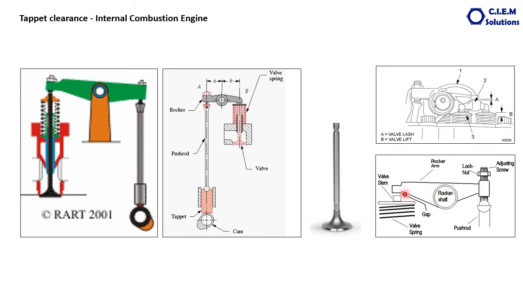This rocker arm is pressing only one valve, either inlet or exhaust. So this particular arrangement is for the engine which has two valves per cylinder, that is one exhaust and one inlet. What about an engine which has four valves per cylinder, that is two inlet valves and two exhaust valves? This arrangement you can see. This is a set of valves. Let us have an inlet valve, and by the side of this you can see a set of other valves, maybe exhaust valves.